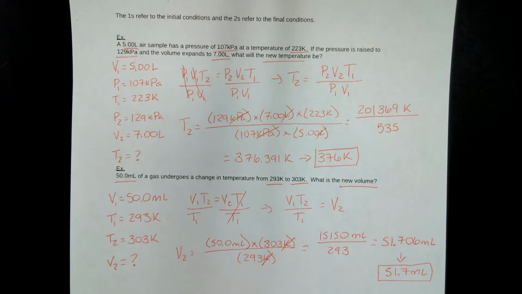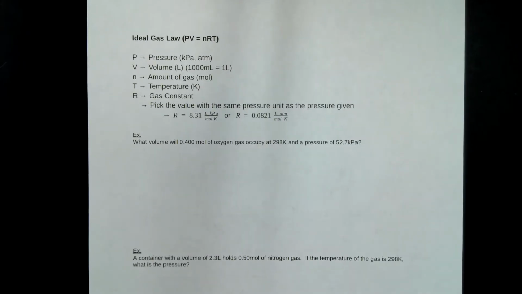Now, there are also times when we don't have 2 sets of conditions. We don't have a final or initial condition, in which case we can't use the combined gas law. But there is another that we can use. It's called the ideal gas law.